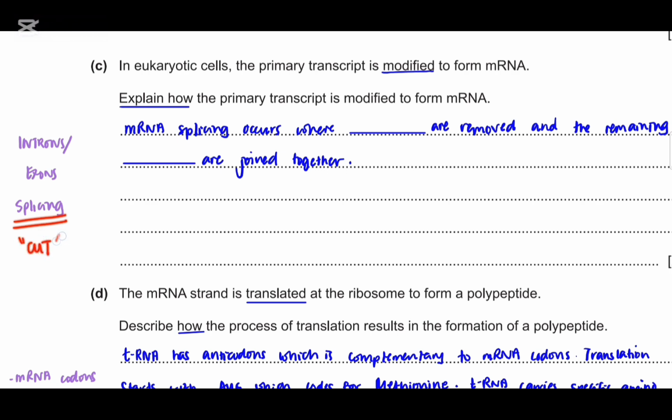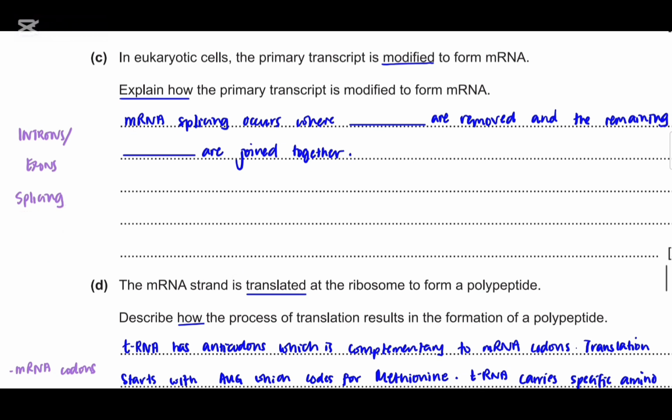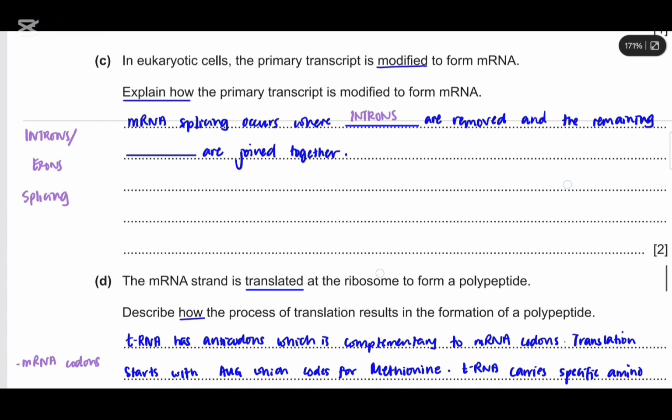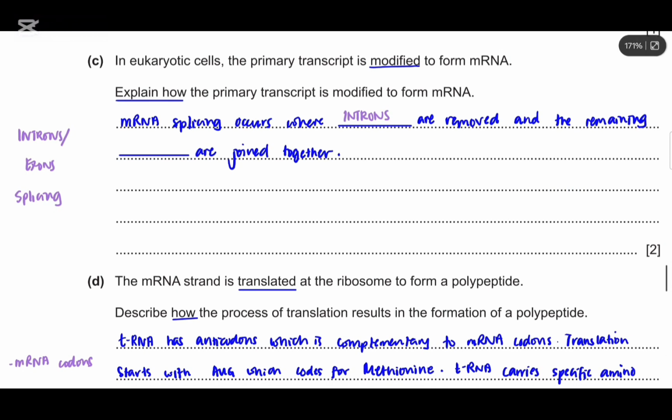What are we cutting? mRNA splicing occurs where the introns are removed. Introns are the non-coding parts of the DNA, and the remaining exons are joined together. So that's the coding parts of the DNA.